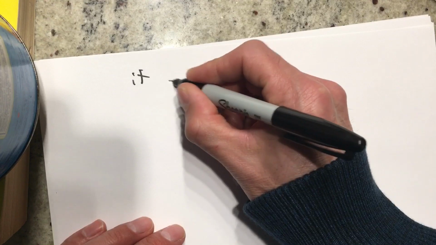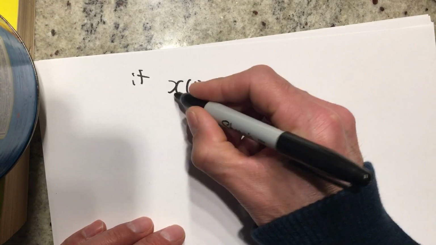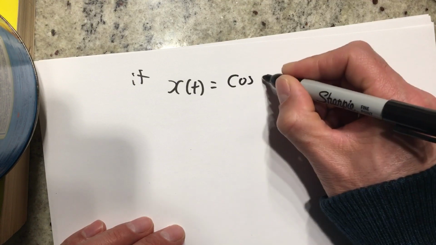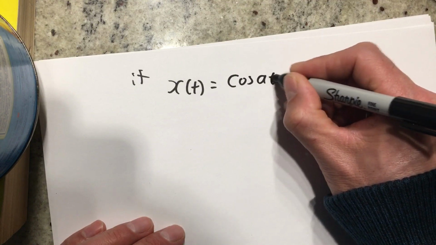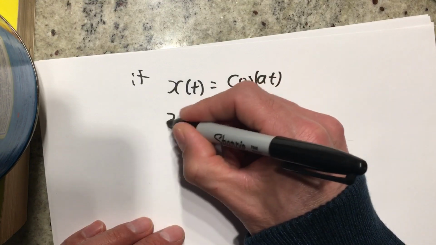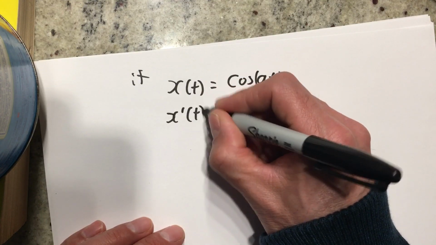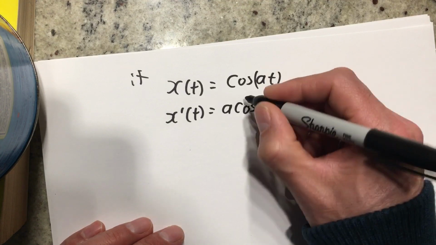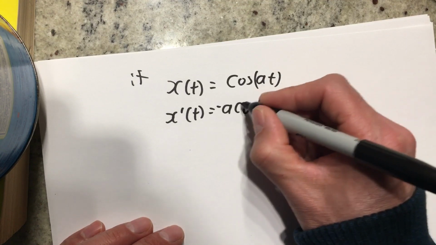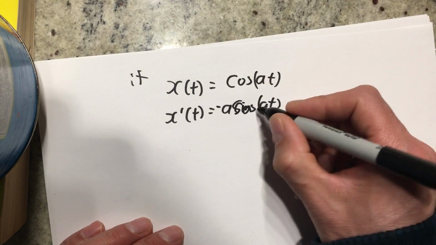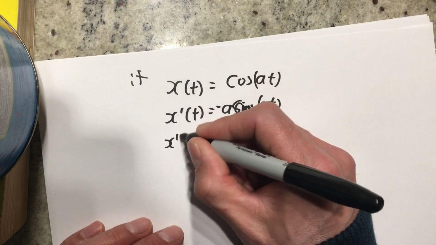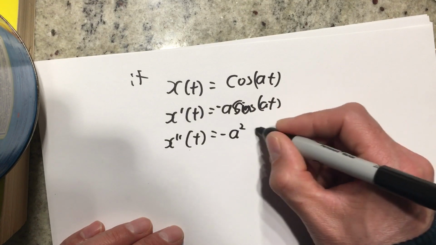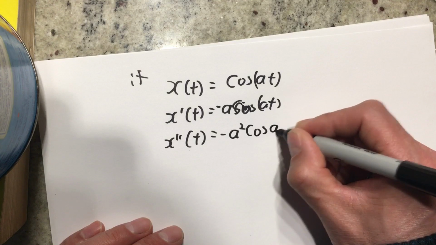Now, what if we have our position as a function of time equal to the cosine of some constant number times time? Then our first derivative is a cos at, a negative sine at, and our second derivative is negative a squared cos at.